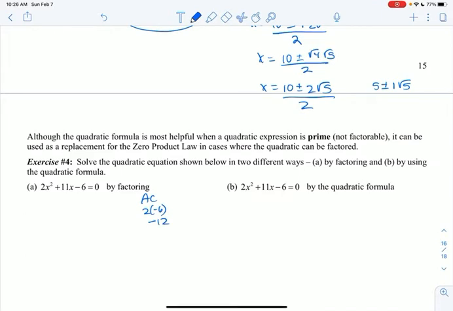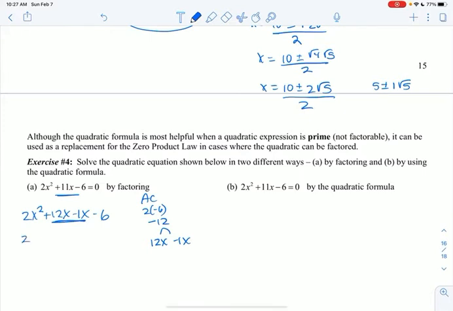I'm looking for the factors of negative 12 that break down to 11, so that would be 12x and negative 1x. So I'm going to take that 11x and rewrite it: 2x squared plus 12x minus 1x minus 6. So all I did was rewrite the 11x. And now I can factor by grouping.